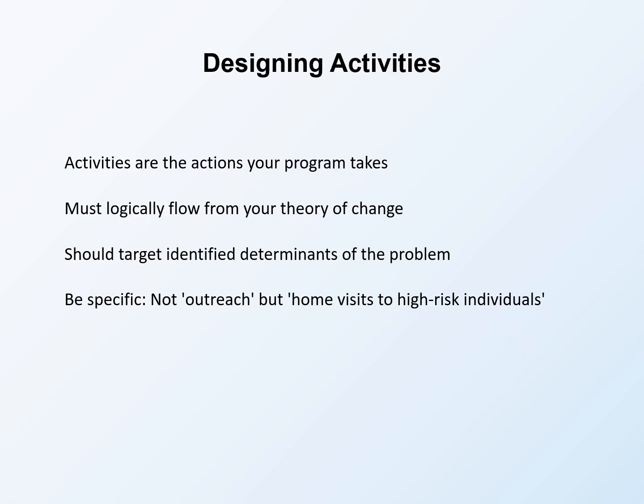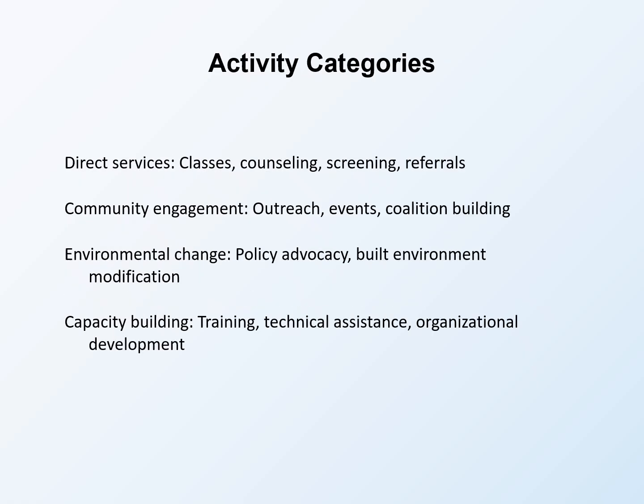If environmental access is a barrier, you need environmental modification activities. And be specific. Outreach is vague. Conduct weekly home visits to 100 high-risk individuals to provide diabetes education and self-management support is specific. Specific activities can be implemented, monitored, and evaluated. Vague activities cannot.